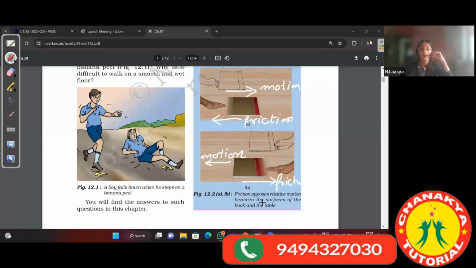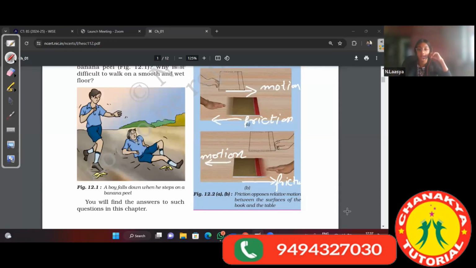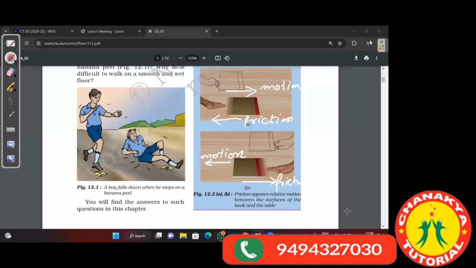Sir, in figure A and figure B, they are both acting in the same opposite direction, right, sir? Yes.